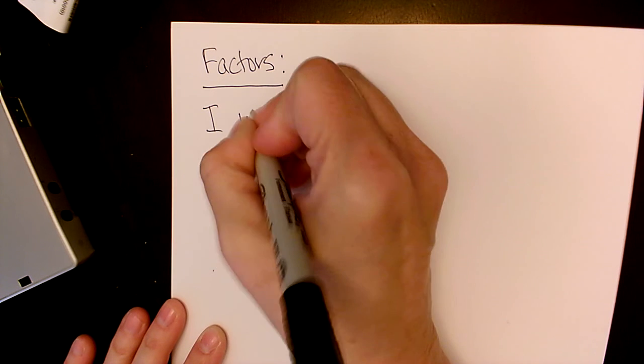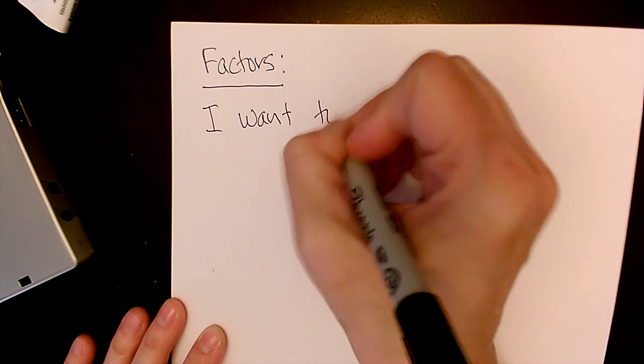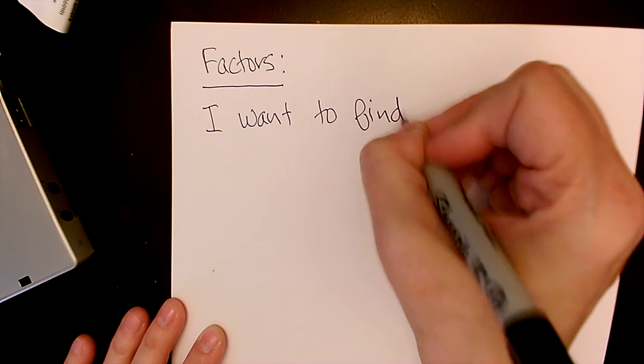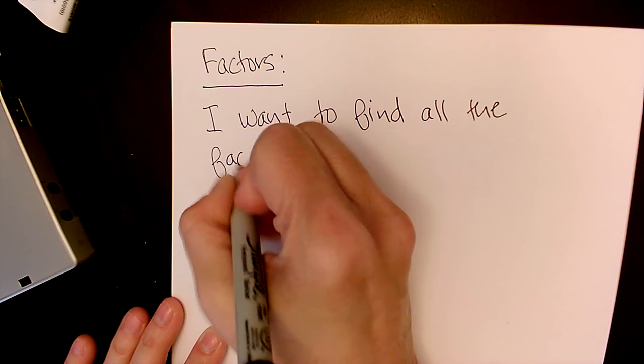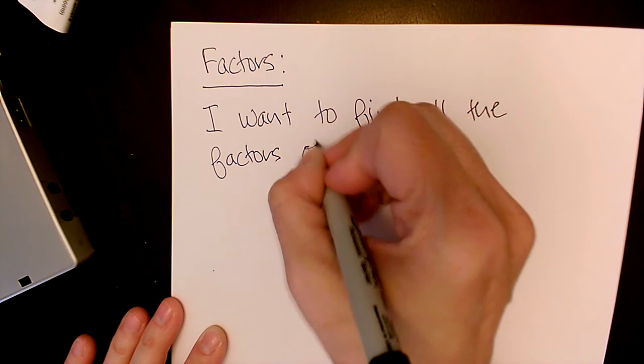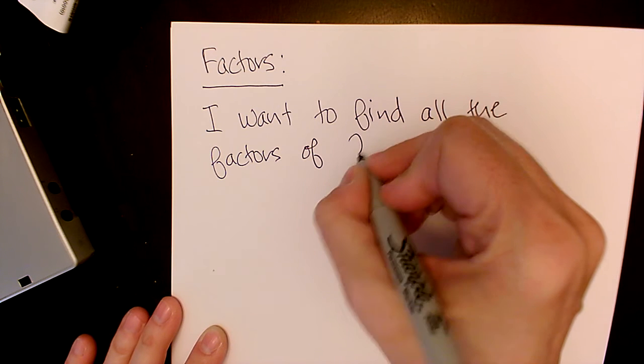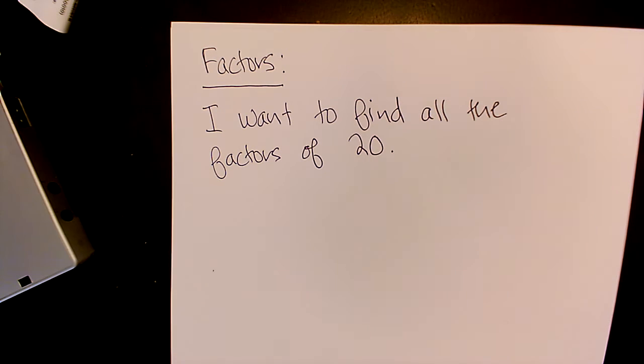So if I wanted to find all the factors of 20. Well, it's not like the multiples where we would go 20 times 1 is 20, 20 times 2 is 40, and list out all those numbers.